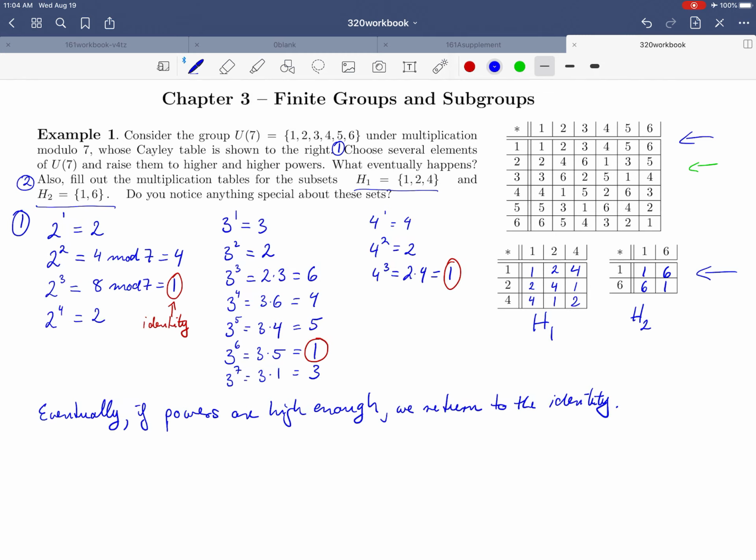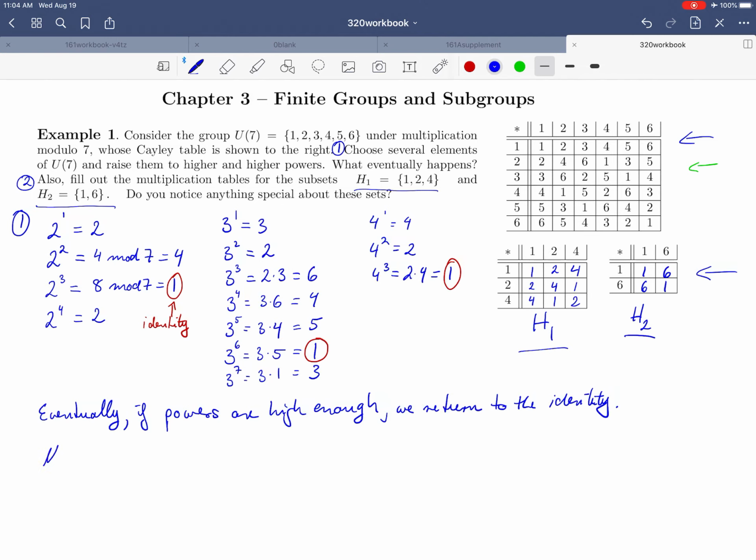Well, we only did multiplication between 1, 2, and 4 for H1, and we only have 1, 2, and 4 as entries in our Cayley table. And when we just looked at 1 and 6, we only got 1 and 6 as entries. So we actually have closure under our operation, multiplication mod 7, for both of those sets.